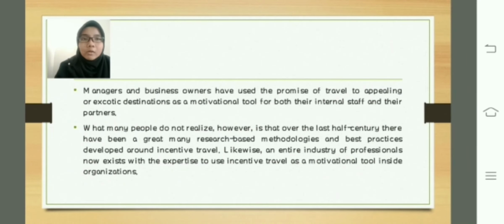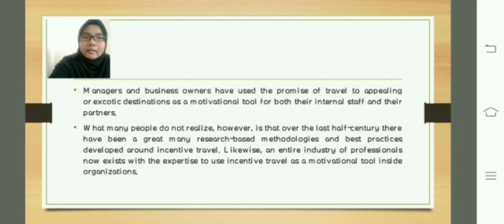Managers and business owners have used the promise of travel to a sunny or exotic destination as a motivational tool for both their internal staff and their partners. What many people do not realize, however, is that over the last half century, there have been a great many research-based methodologies and best practices developed around incentive travel.